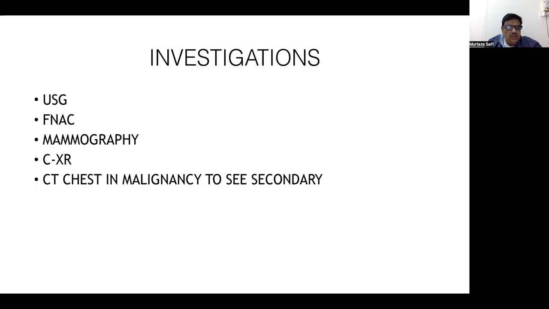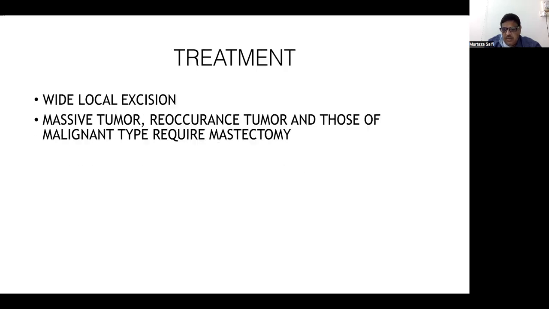Investigations are USG, FNAC, mammography, and chest X-ray in malignancy to see secondaries in the lung. Treatment is wide local excision or mastectomy. Massive tumors and those of malignant type require mastectomy.